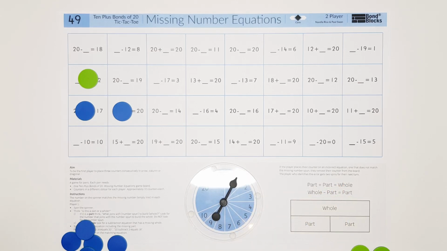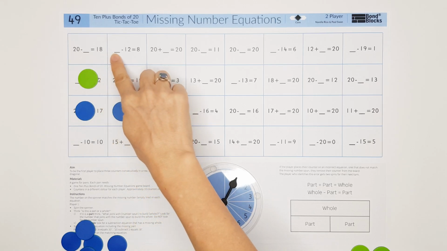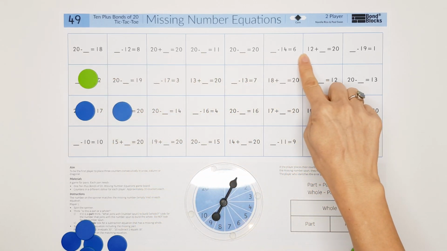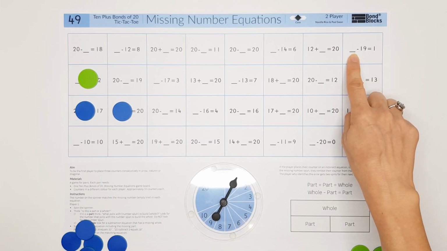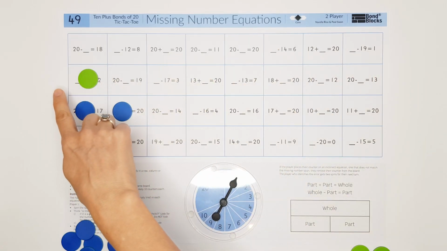And I spin a 1. So I stop and think, what joins with the 1? And that's 19. So I'm going to scan for a 19. Here's one, but I can't place my 1 there because that needs a whole of 20. So I'll keep working my way across.